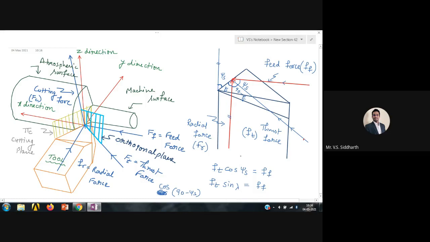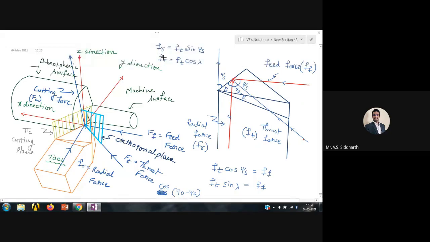Now you tell me what will be Fr? Fr will be Ft, sine psi s, and Fr equal to Ft cos lambda.